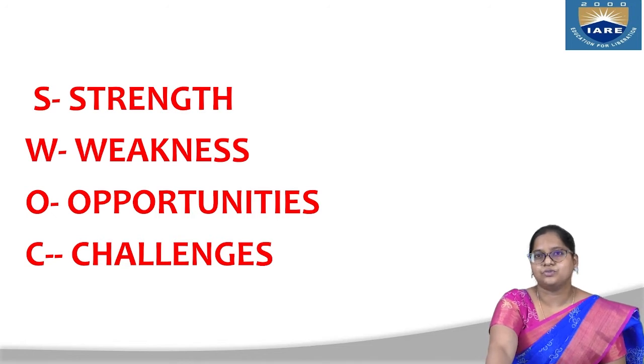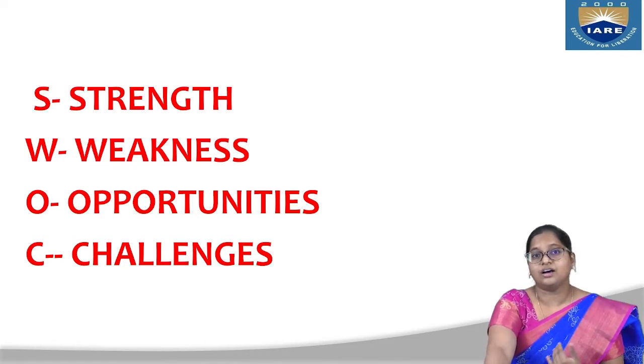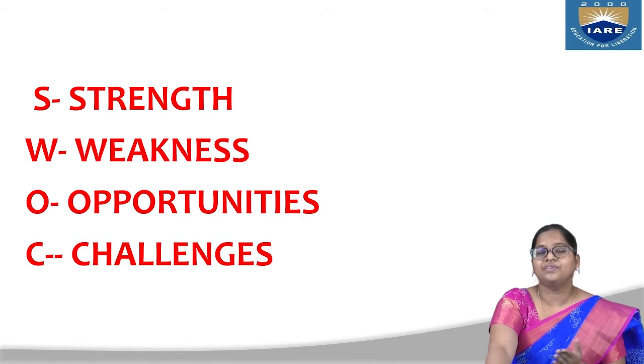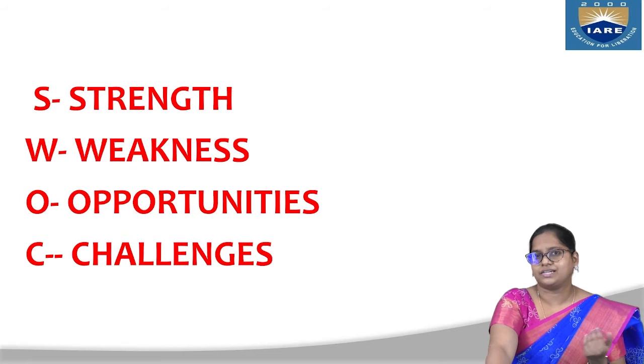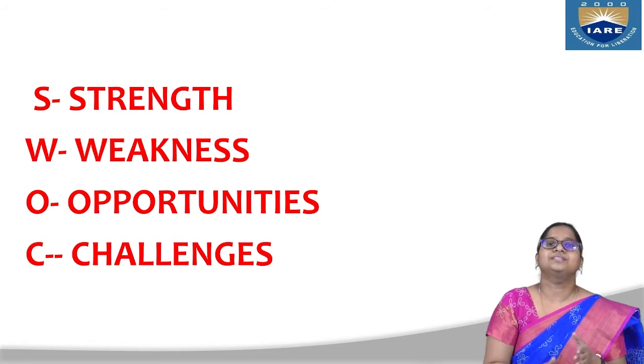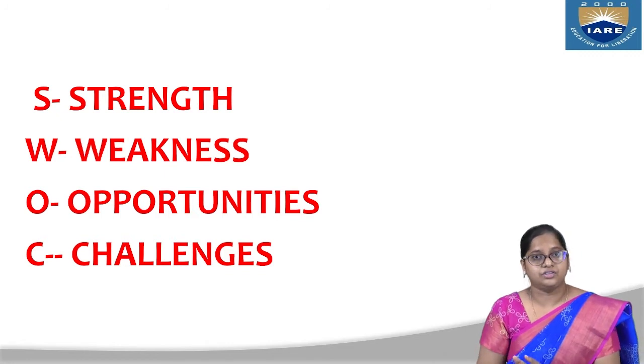C stands for challenges or challenge. Whereas in SWOT analysis, the first three are the same: S for strength, W for weakness, O for opportunities, and T for threats, whereas C here is a challenge. And there, the T is a threat or threats, right? Both mean almost the same, but the last factor here is challenges, and there it is threats.